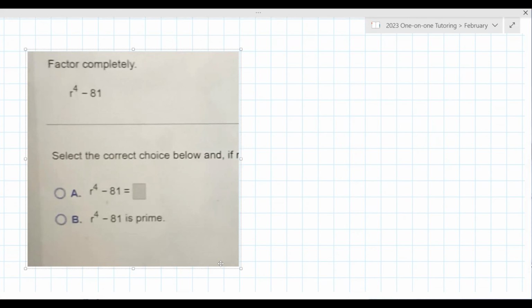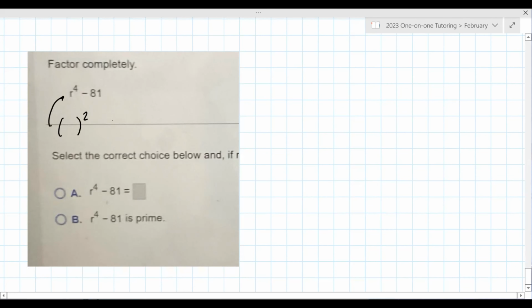So this is again difference of squares, even though it's not squares, it's bigger powers. So you ask yourself, well, what squared gets me back to the previous line? Sometimes the number's easier. What squared gets you back to 81? Nine.